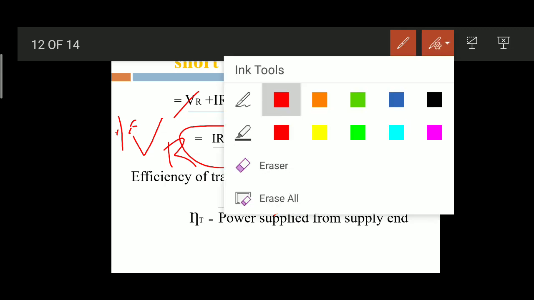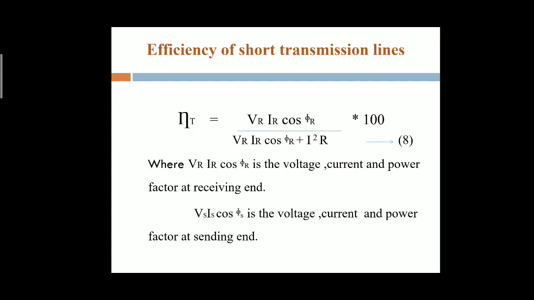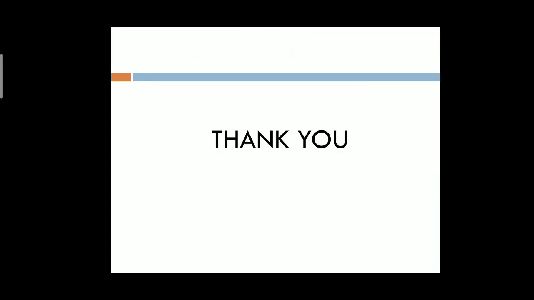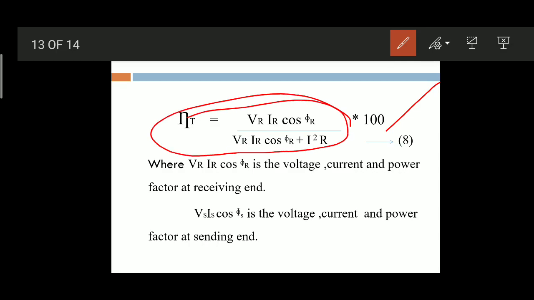This is the voltage regulation formula, a very important formula for calculating the voltage regulation, and this is the overall efficiency of the transmission line. These two formulas are very useful for calculation and for understanding the performance of transmission lines.